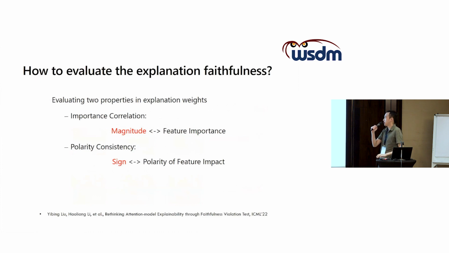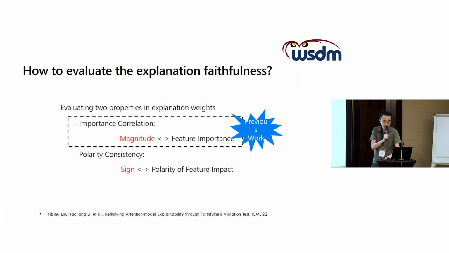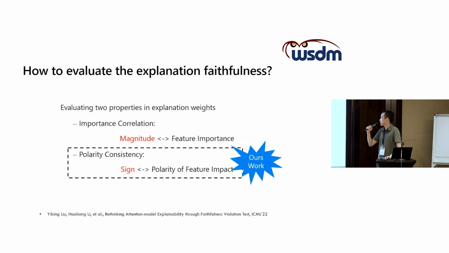The sign of the feature can denote the polarity of this feature impact. Okay, so here is some discussion of these previous works. For this importance correlation, we want to examine the current limitation of this explanation method.